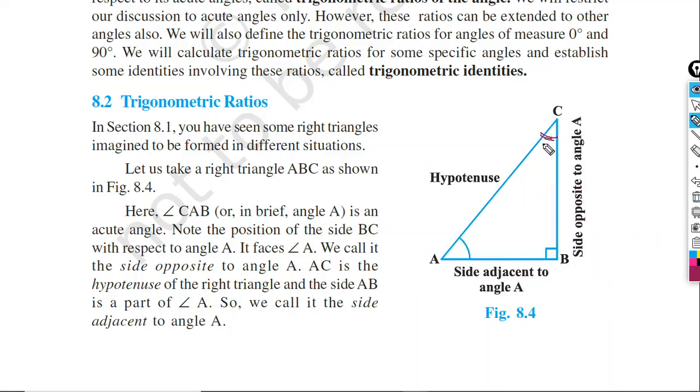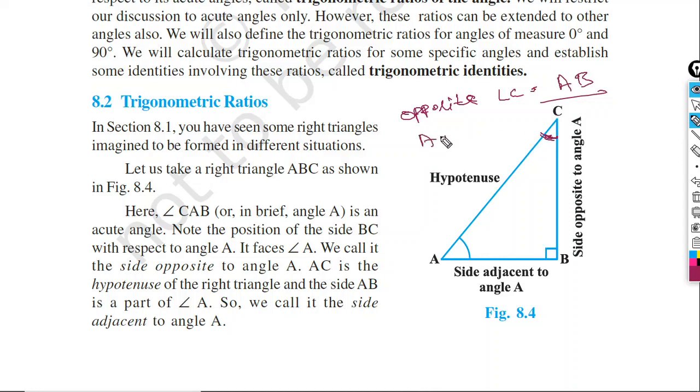Now, if we consider angle C, then which side will be the opposite of angle C? Opposite of angle C will be AB.